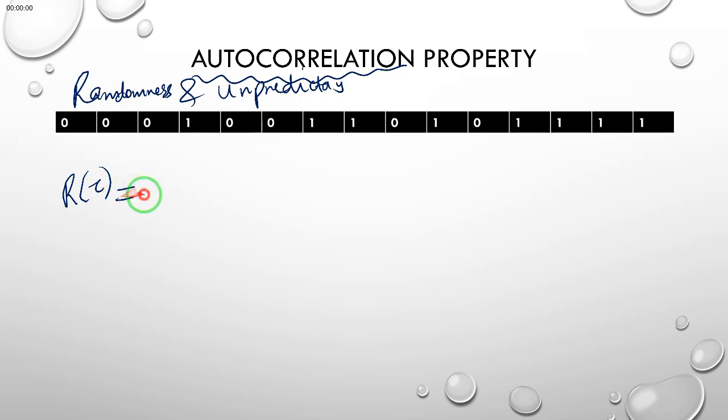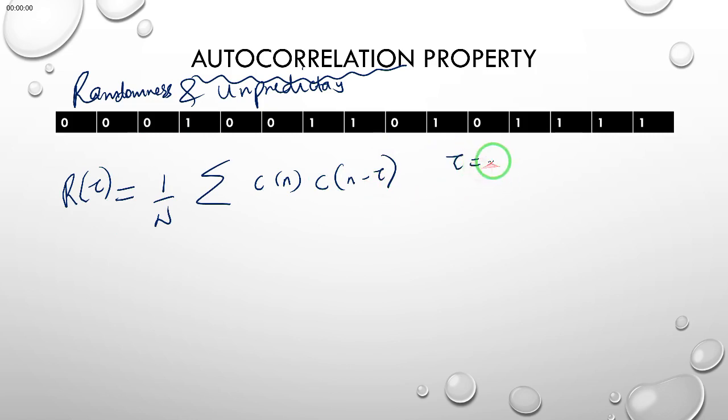We normally say that the autocorrelation function is given by 1 over N, sum of C of n, which is our sequence, multiplied by C of n minus tau. Tau is the difference or delay that you are introducing between the current sequence and the one that you are observing or correlating.